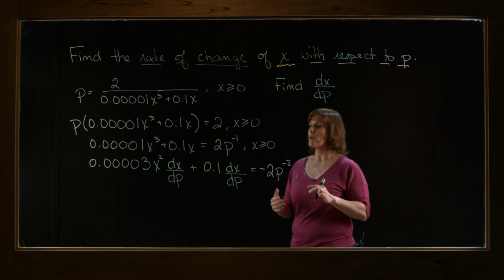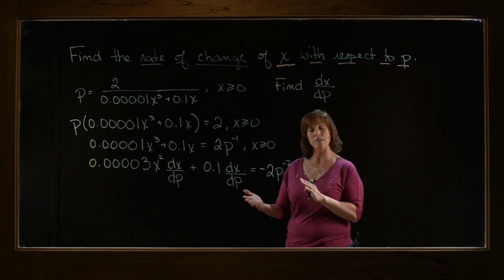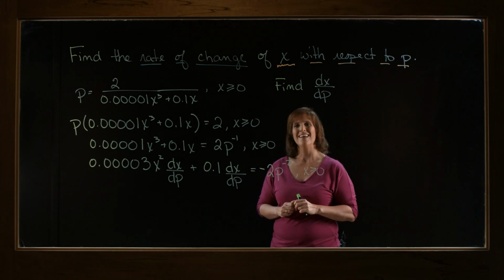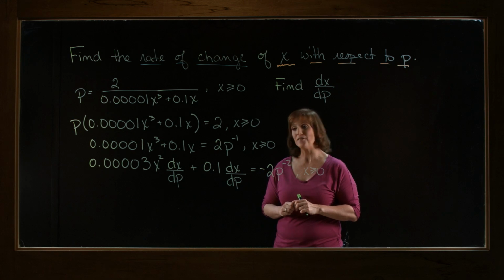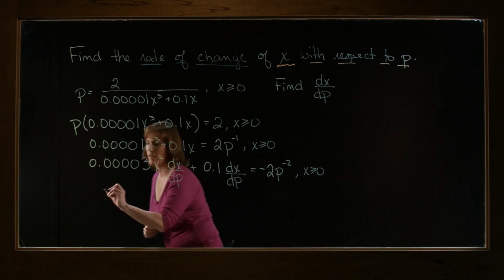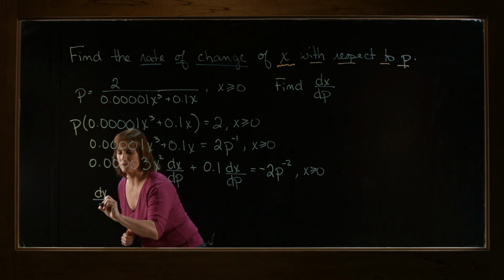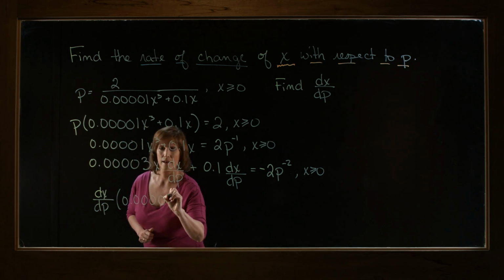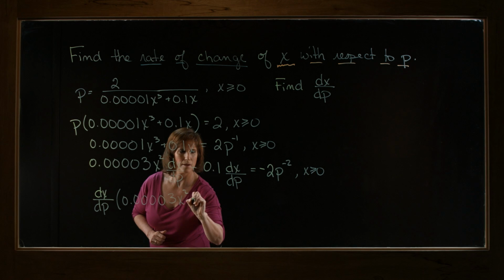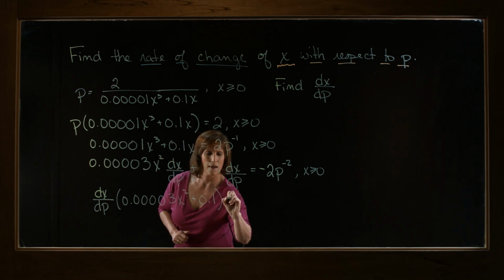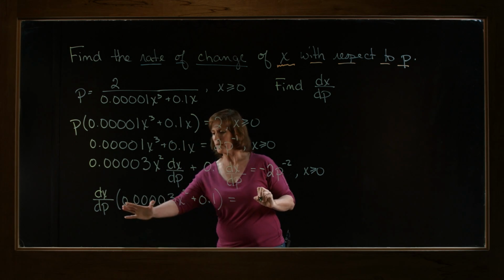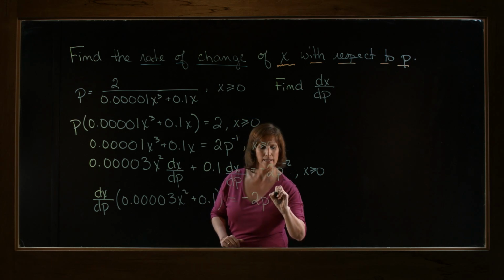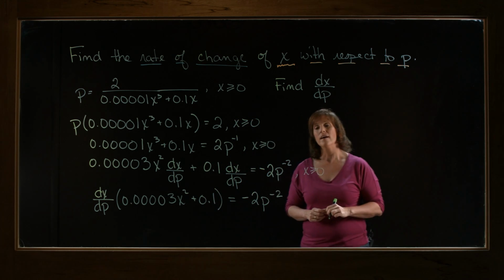Differentiation is done, but I want to collect all my dx/dp terms on one side, and actually, that's already done for me. The next thing to do is to factor out the dx/dp. So with a little bit of factoring, I end up with dx/dp times my quantity equals minus 2p to the minus 2 power.